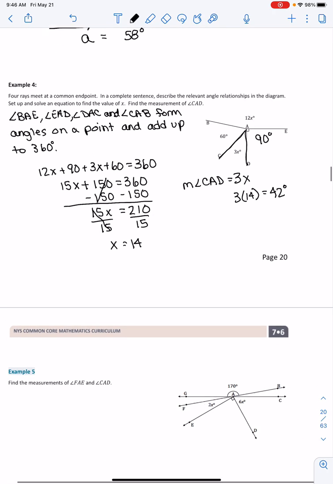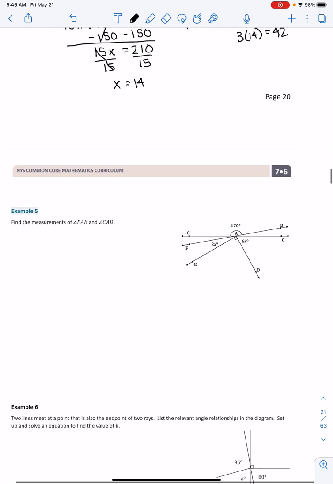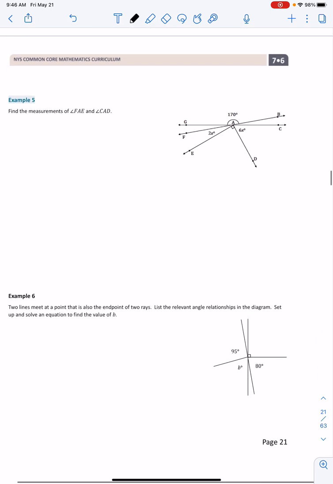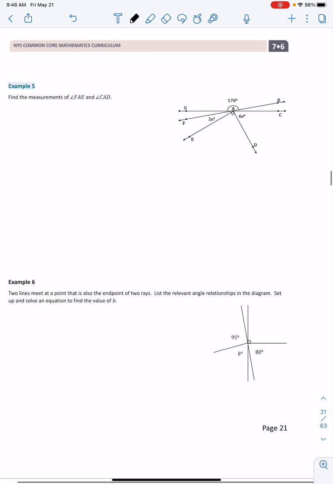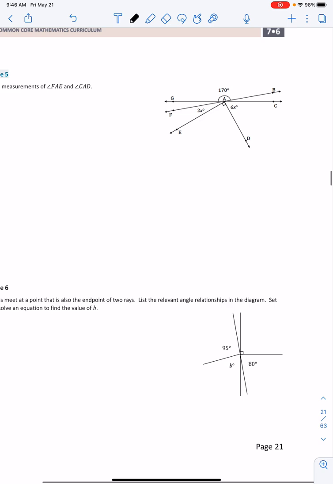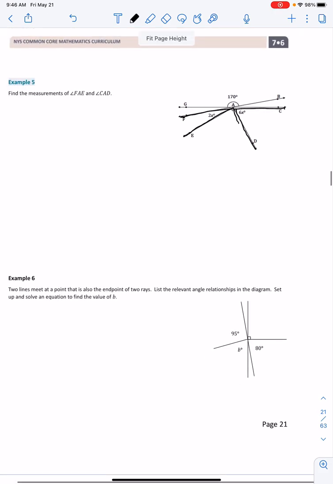Our next example, we are finding the measurement of FAE, which is right here. Oops, sorry. FAE, which is right here. And CAD, which is right here. But if you notice here, this is not angles on a point.